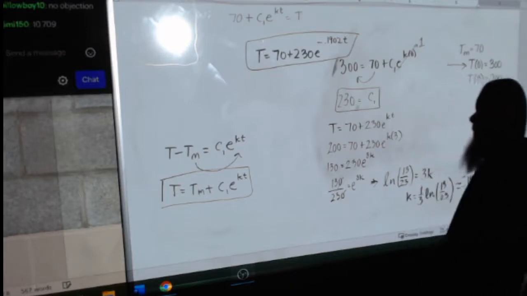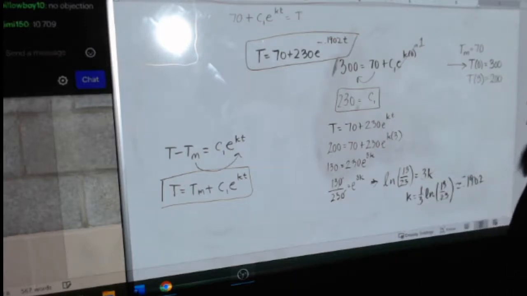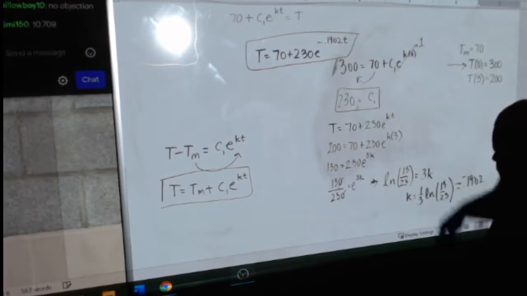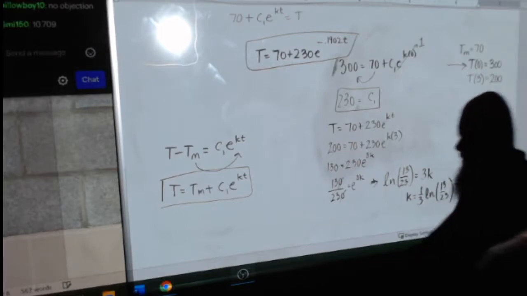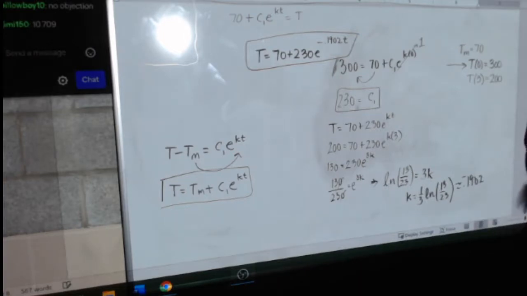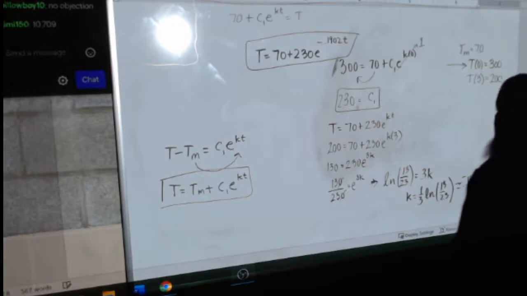When you're done with Calc 2 and you're working as a CSI guy, then you can do whatever you want, but you would need to solve for that equation, then use the values. But because I've already solved for them, and you can go back and look at it and I'll give you the notes, I'm just going to start here again and finish this next problem. So let me just erase this.